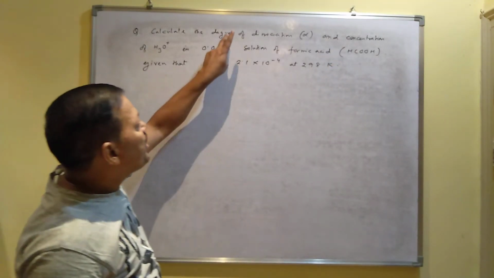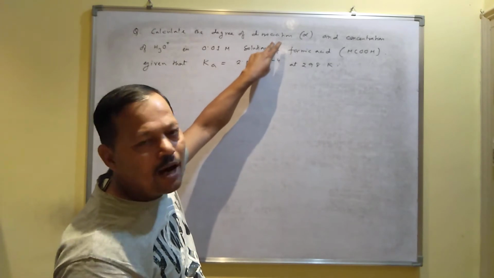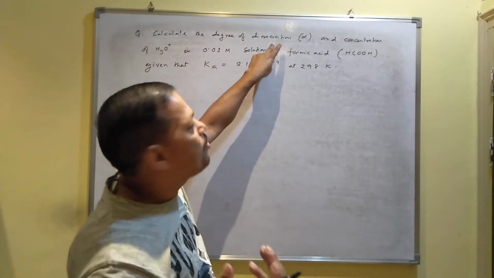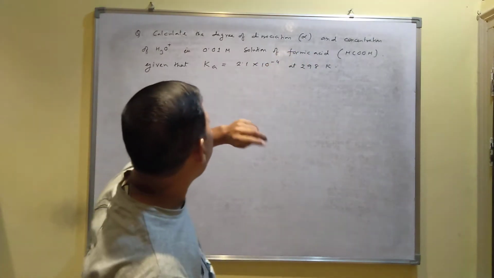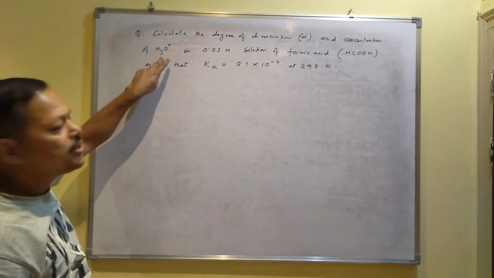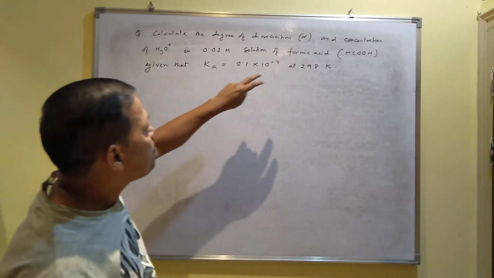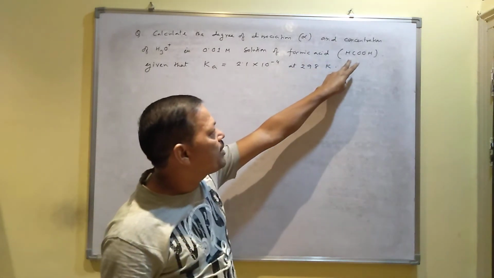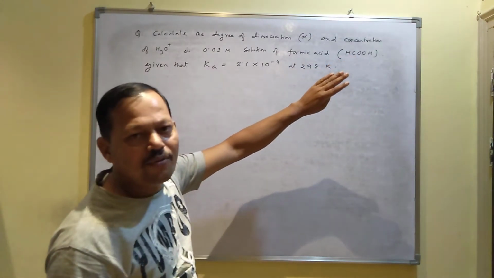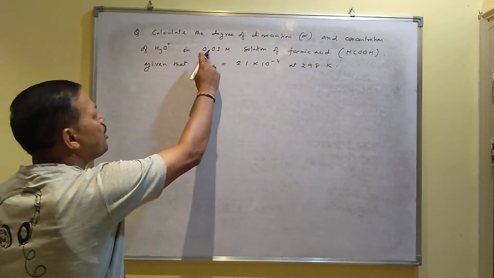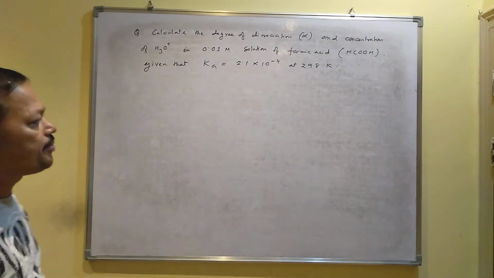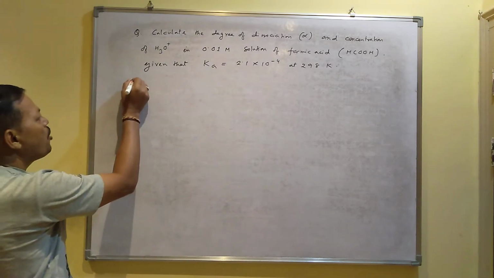You have to determine the degree of dissociation alpha, I mean how much of the acid undergoes dissociation, and you have to find out the concentration of hydronium ion. The solution is for formic acid, formula HCOOH. This is one example of a carboxylic acid like acetic acid, and the concentration is given as 0.01 molar solution. So first, how do you have to do?